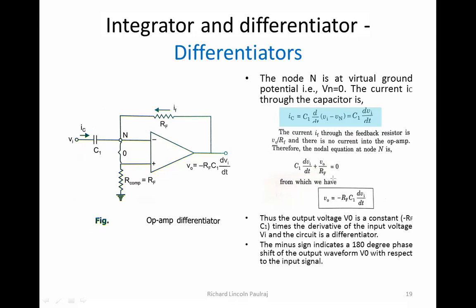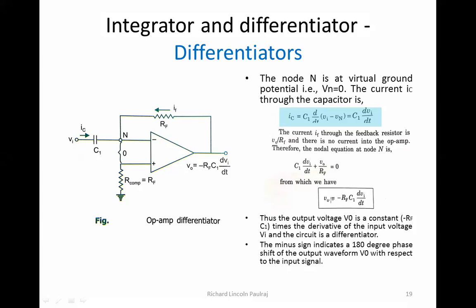So V naught is equal to, I'm going to take this one to the other side, so it gives me minus C1 dVi by dt. V naught remains as it is, and I will send RF to the other side.